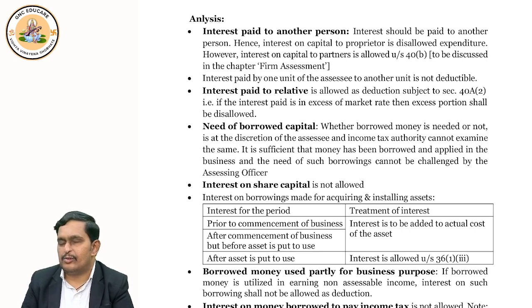The answer is no. You can deduct only that portion of interest which is pertaining to business. If it is pertaining to business, deduct it. If it is not pertaining to business, you cannot deduct it. So interest on loan, whatever you have taken, which is pertaining to business, that is allowed as deduction.